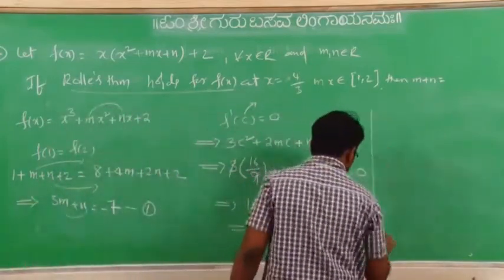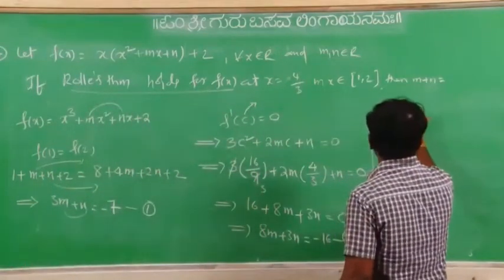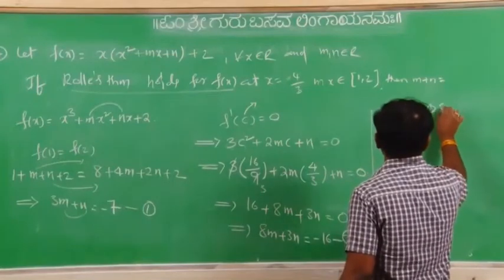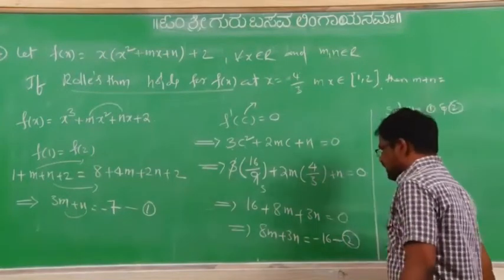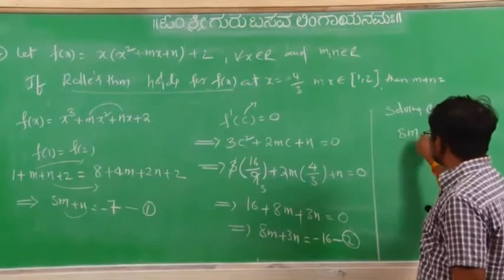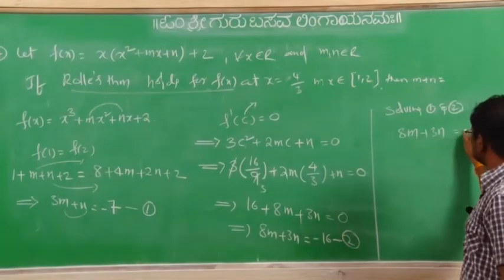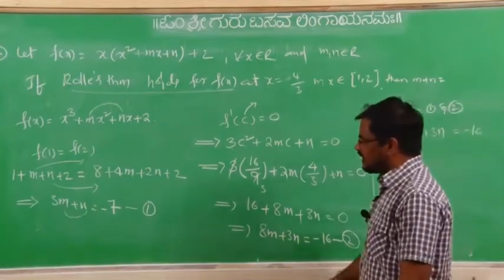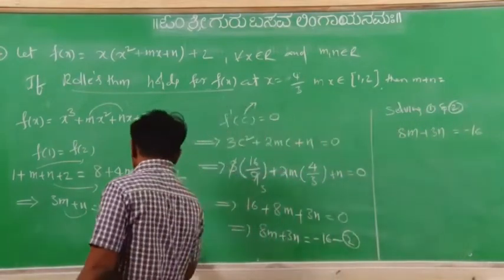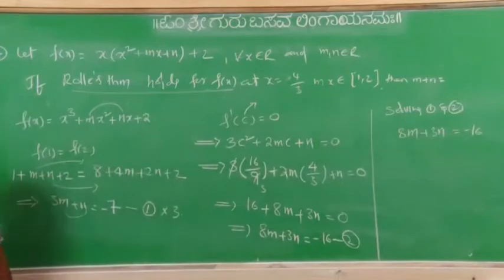Solving 1 and 2 to get the m and n values. For that, equation 2 as it is, you write down 8m plus 3n equal to minus 16, and this one, equation 1, multiplied by 3.